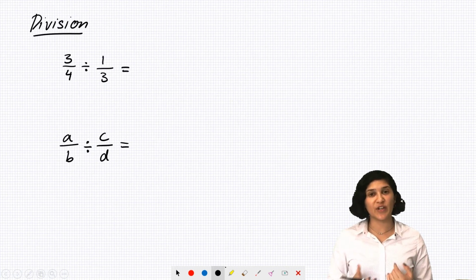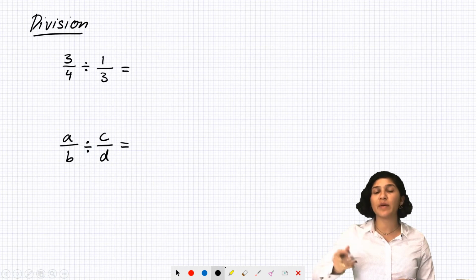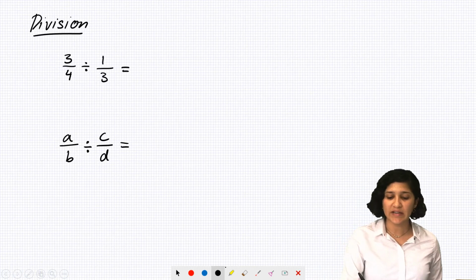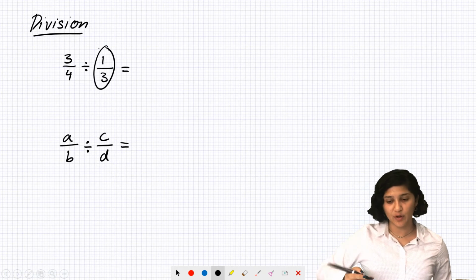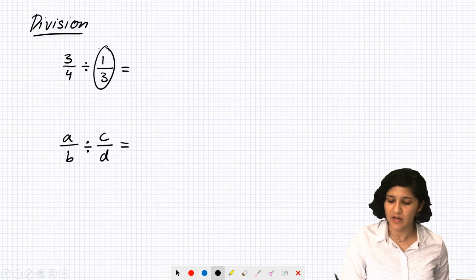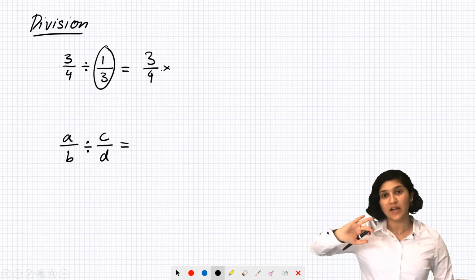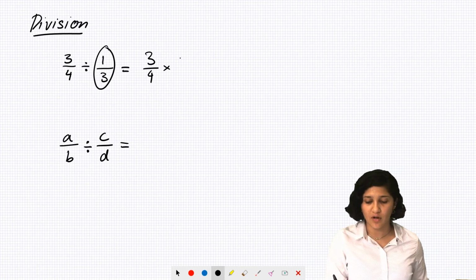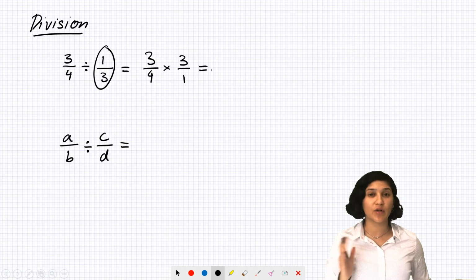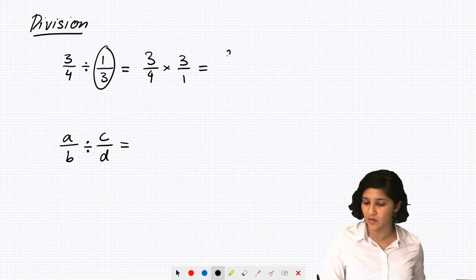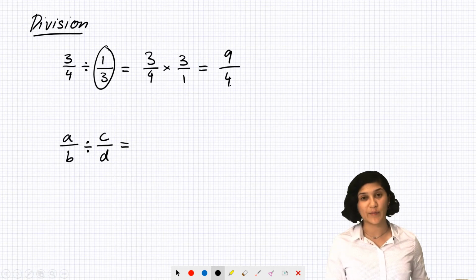With division, you have to remember the rule that you flip and multiply. So you take the second fraction, flip it over, or find the reciprocal. The first one stays the same, times the flipped over reciprocal of the other. So 3/1 in this case. And now we just go through and multiply the old way, so 9/4.